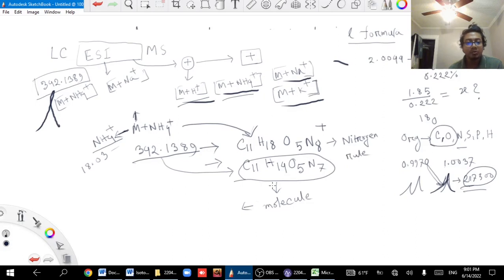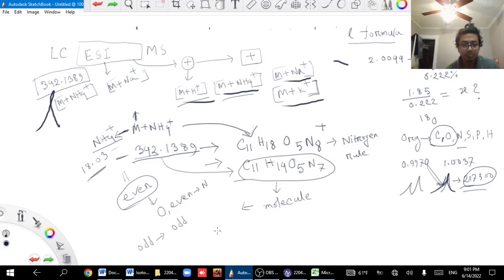If you do that, you will find the even number molecular mass. For the nitrogen rule, an even number consists of zero or an even number of nitrogen, and for an odd number, the nitrogen is an odd number.